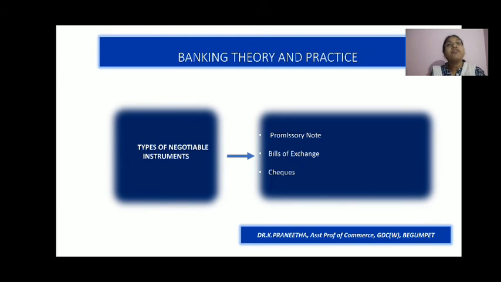Now, what are all the features of this bill of exchange? First, the essential feature is it must be in writing. That means it must be noted on the face of the document. The second one is it must contain an order to pay. The amount should be expressed in both words and figures. The third one is the date on which the amount of the bill is to be paid should be specified properly.